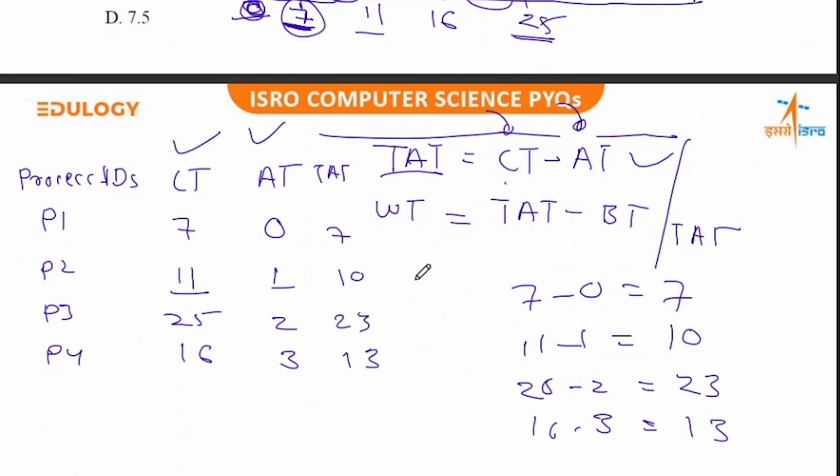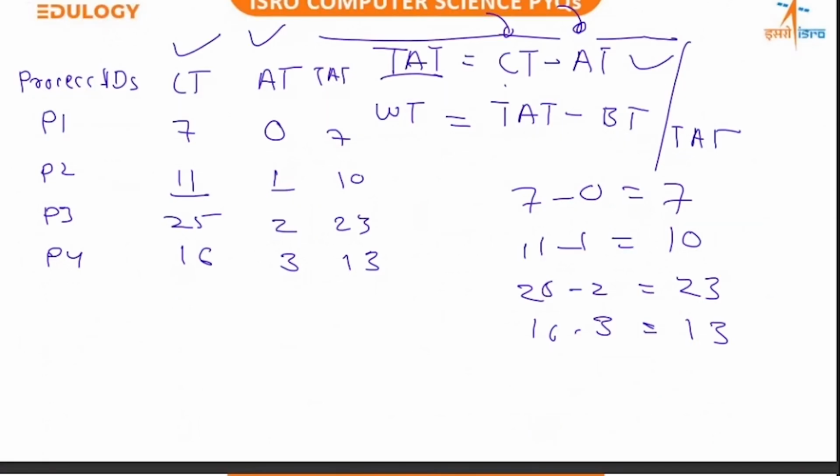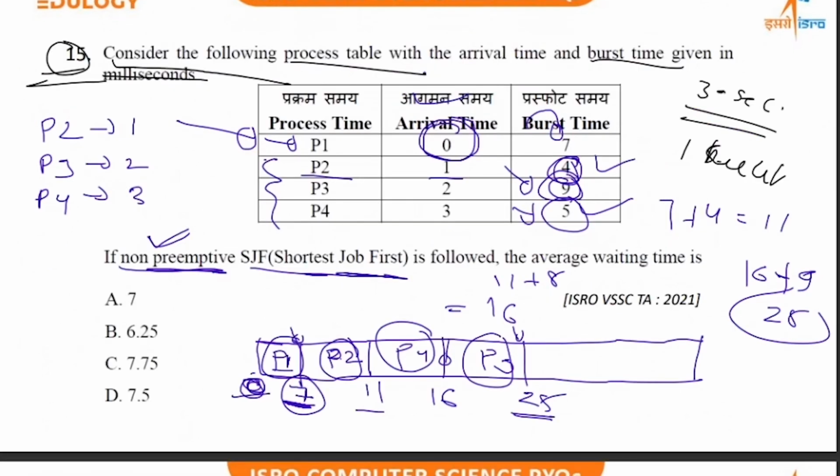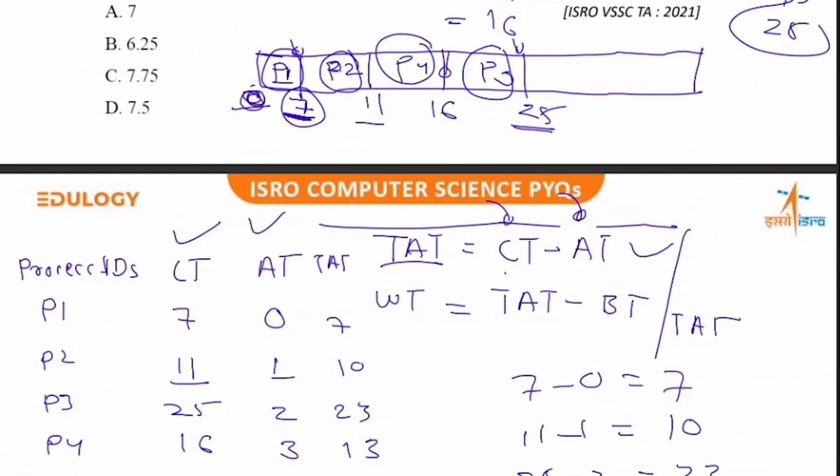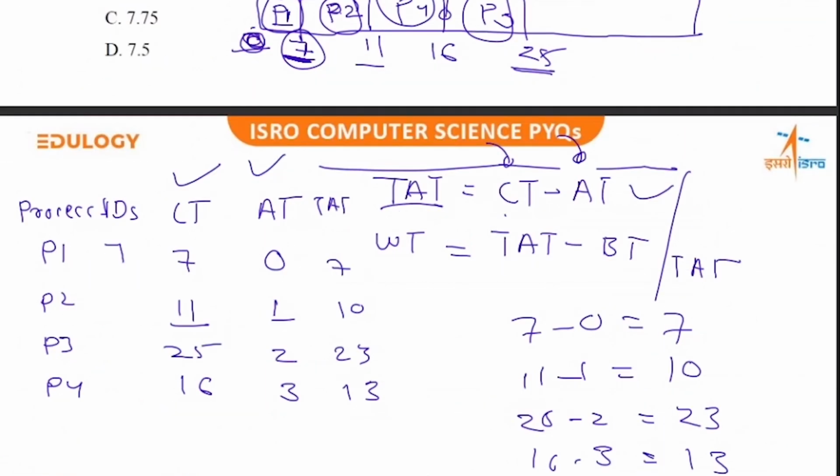Now what we have to calculate? We have to calculate the waiting time. To calculate waiting time: turnaround time minus burst time. Now we have to write the burst times: 7, 4, 9, 5.